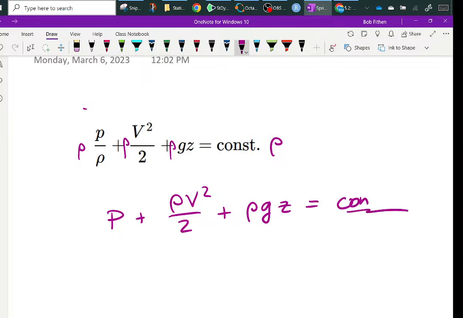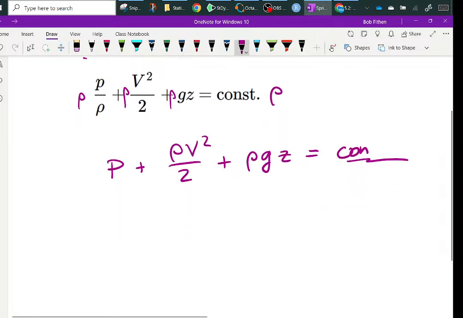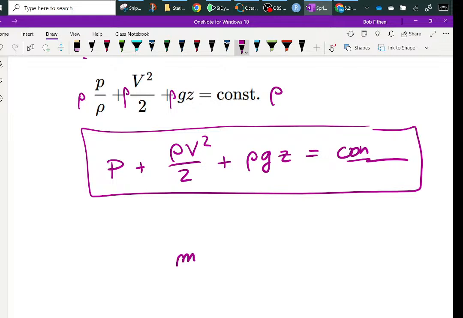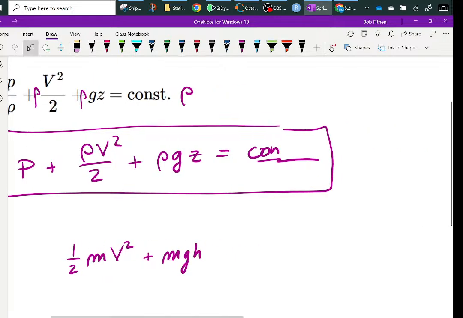So if you think about this, I'm going to relate it to something else. I'm just going to hold on to that mindset. So back in dynamics, or in physics, you had 1/2 mv squared plus mgh. If you had a ball, for example, and you just dropped it, you would set up a datum.